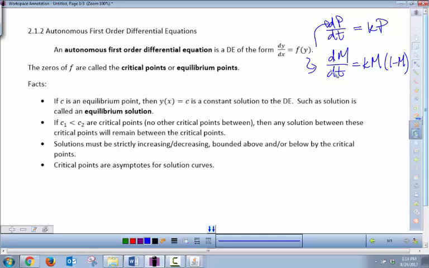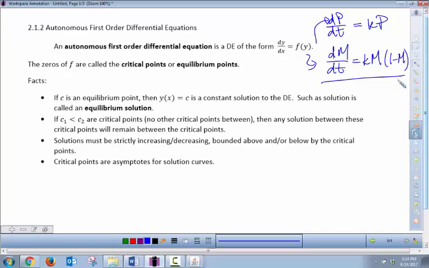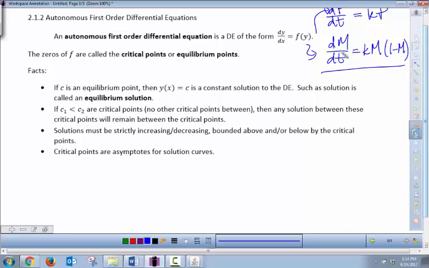Let's take a look at our second example over here because it has more than one 0. And by 0, I mean if you set the right-hand side equal to 0, you solve for m, that's what you get. So let's focus on that example. dm/dt is equal to, we need an actual value for k, so let's just make k equal to 1.